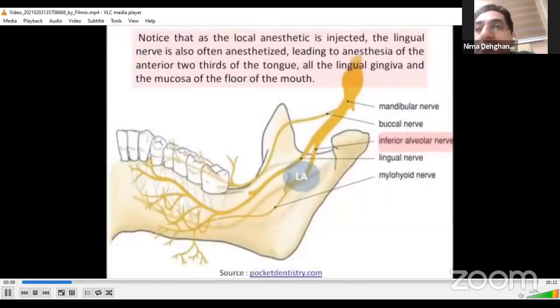This image shows the local anesthetic after it is injected. Notice that as the local anesthetic is injected, the lingual nerve is also often anesthetized, leading to anesthesia of the anterior 2/3 of the tongue, all the lingual gingiva, and the mucosa of the floor of the mouth.